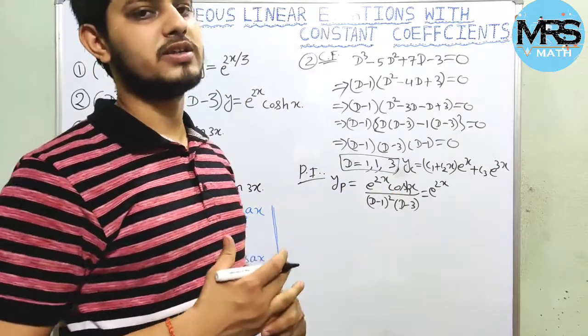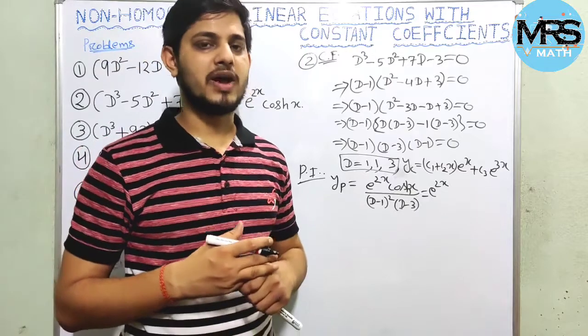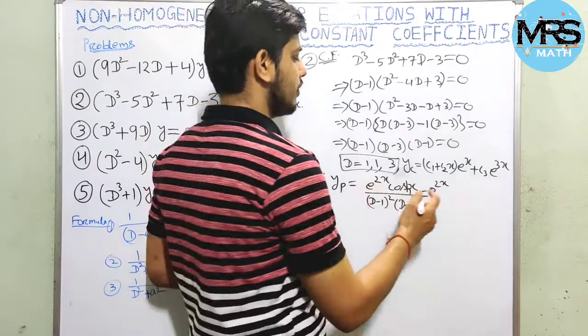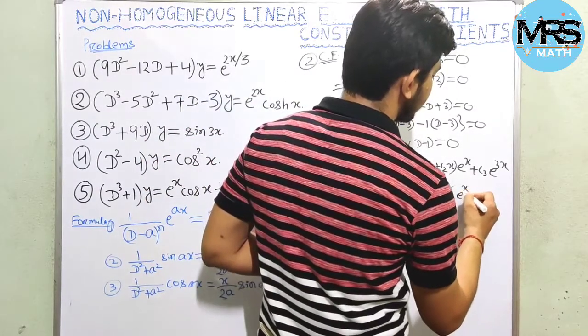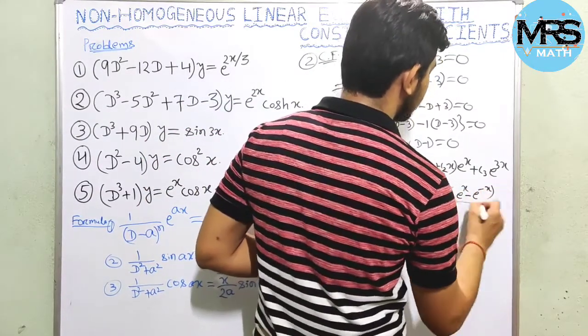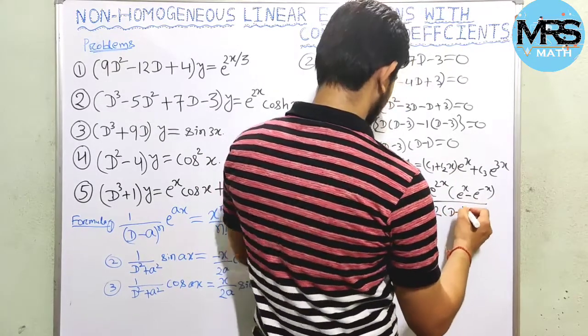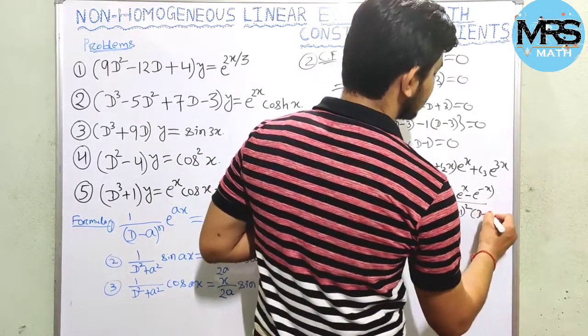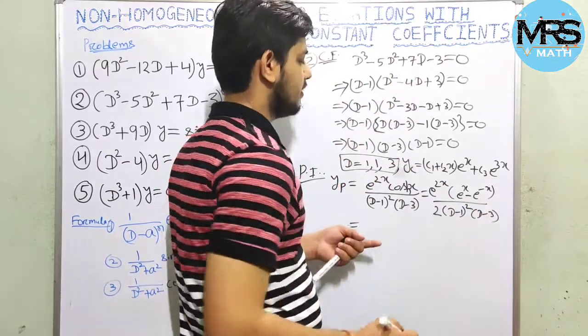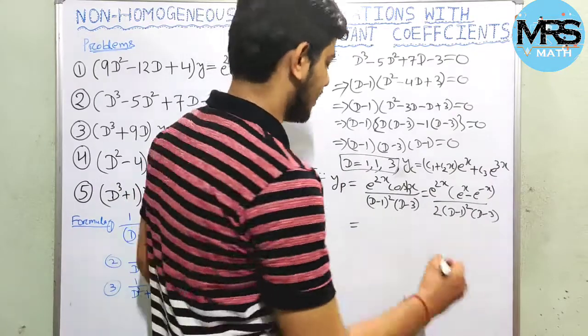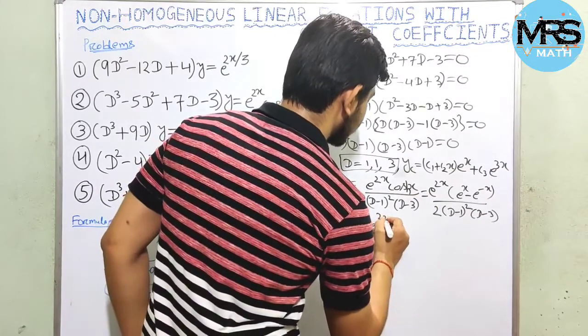Cos hyperbolic x is e to the power x plus e to the power minus x by 2, right? So here we can apply that formula, that is e to the power x plus e to the power minus x divided by 2, and this is d minus 1 whole square into d minus 3, correct? If you are multiplying e to the power 2x into e to the power x, what will you get? e to the power 3x, right?